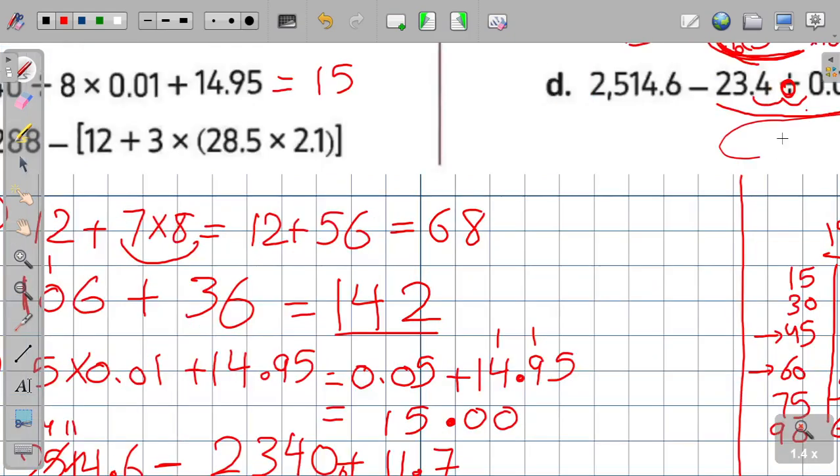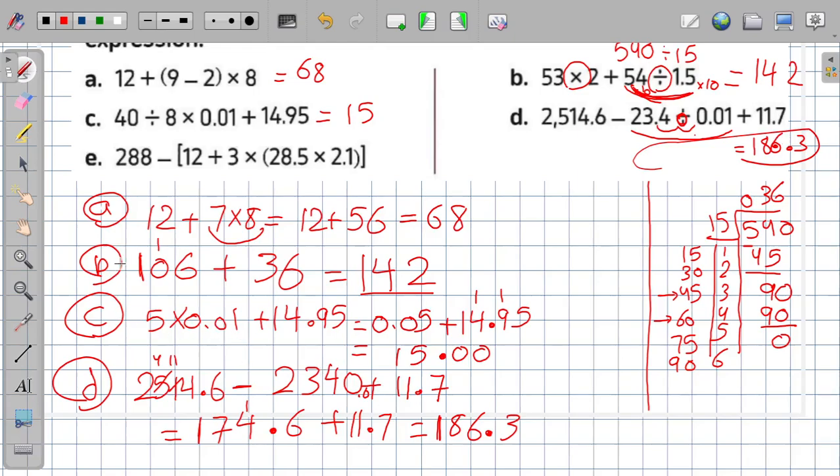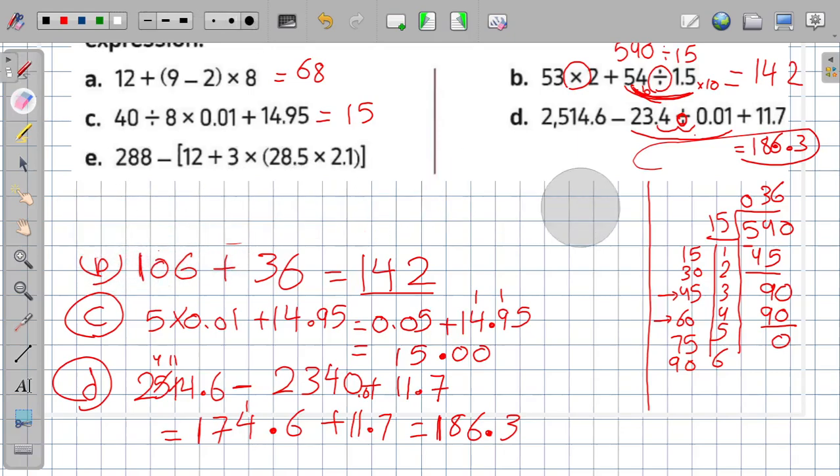Okay. Next, I have 288 minus, and I have a big bracket, I have 12 plus 3 times, and I have a small bracket, 28.5 times 2.1. Okay, so let's clear our board to solve this operation.